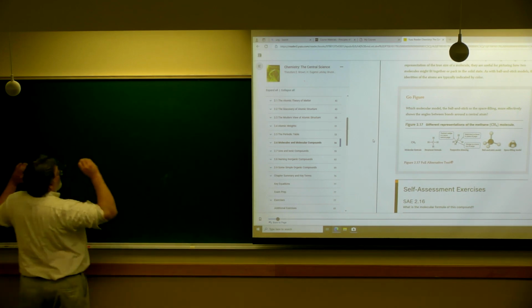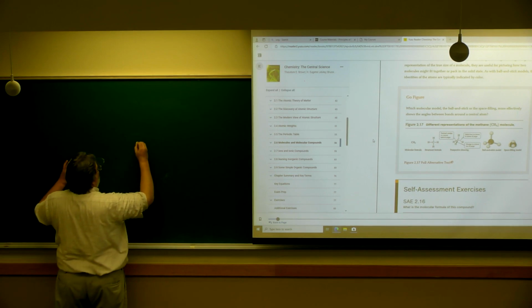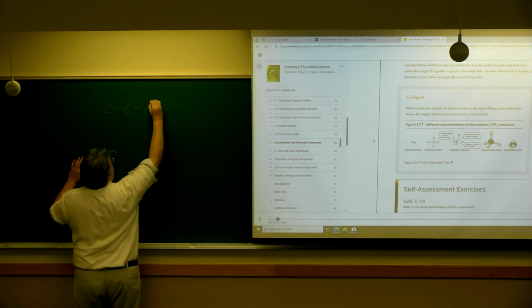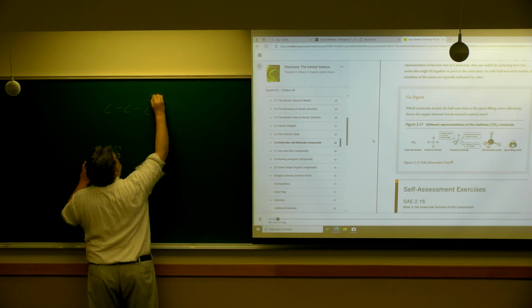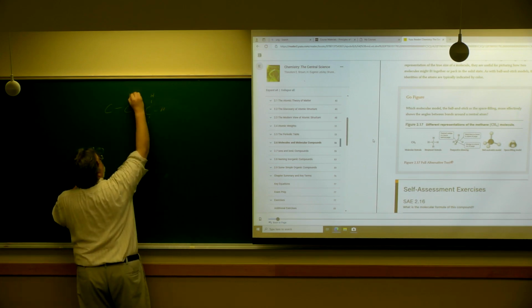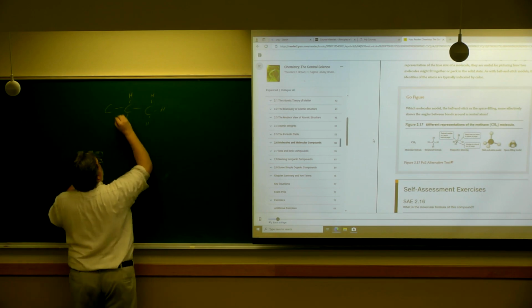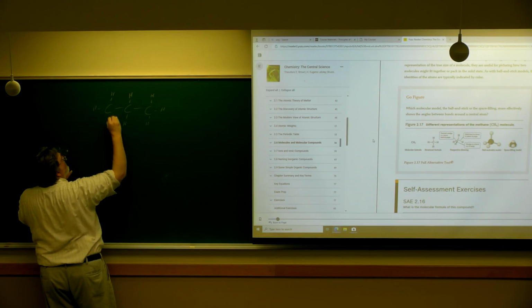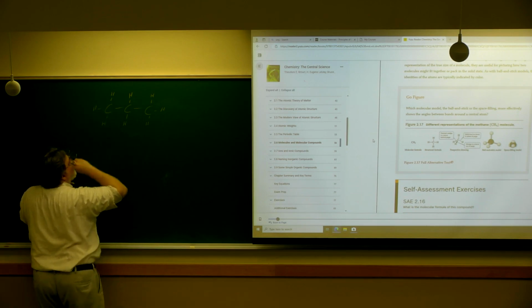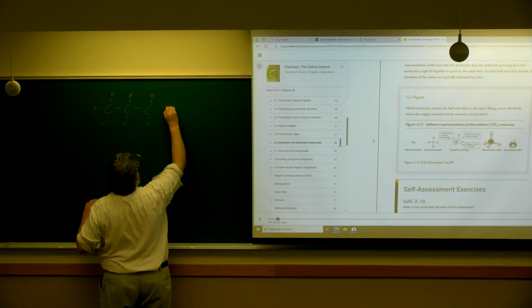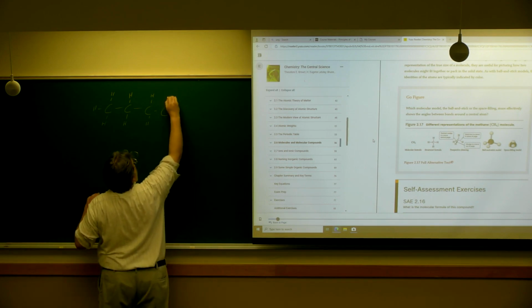But let me give you a little more info. Let me draw a simple diagram of a molecule. But I want it to be a little bigger than that one. So if I gave you this molecule, notice these are all nonmetals, hydrogen and carbon. Is that going to work?